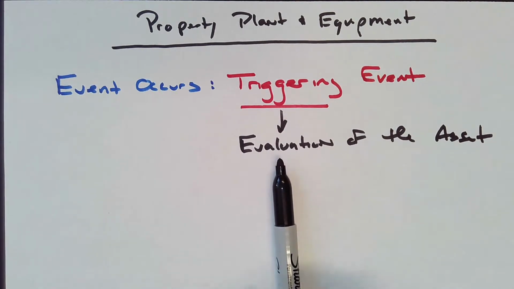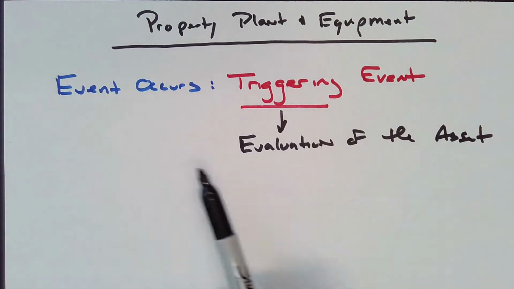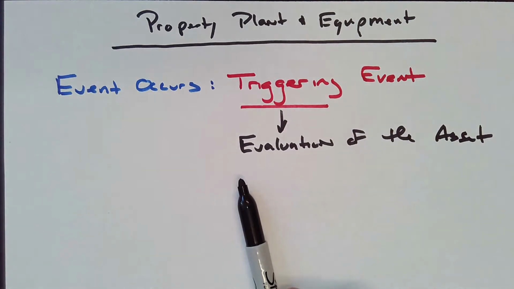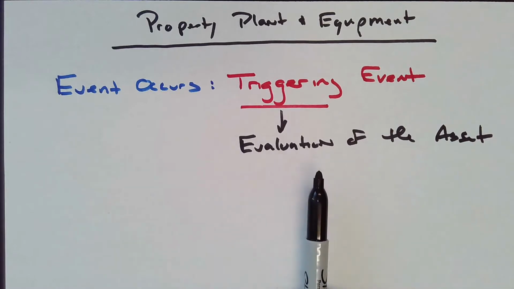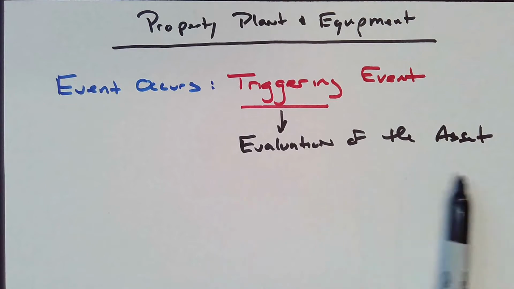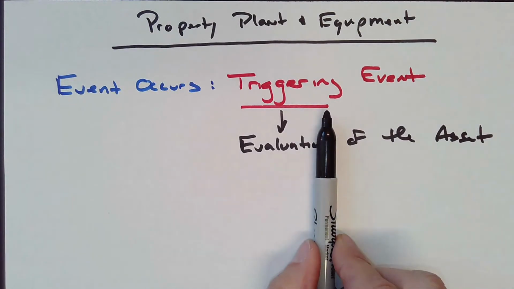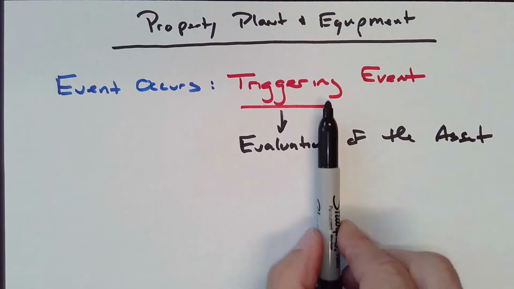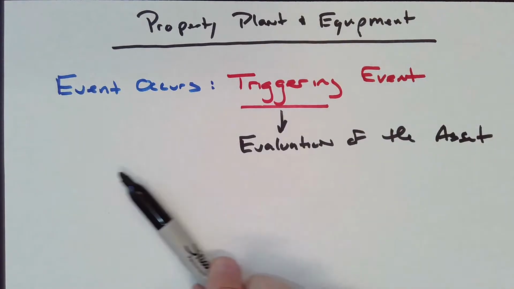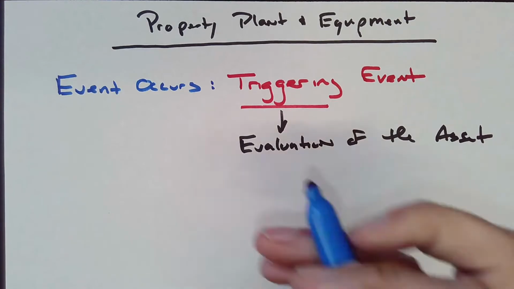Now, if we think about any place where there is a natural disaster or a weather disaster, there could be damage to assets that are on the books of companies. Those could be triggering events, and then I have to evaluate the asset to see whether the value of it is much lower than what I currently have it on my books for. In other words, the asset is impaired.